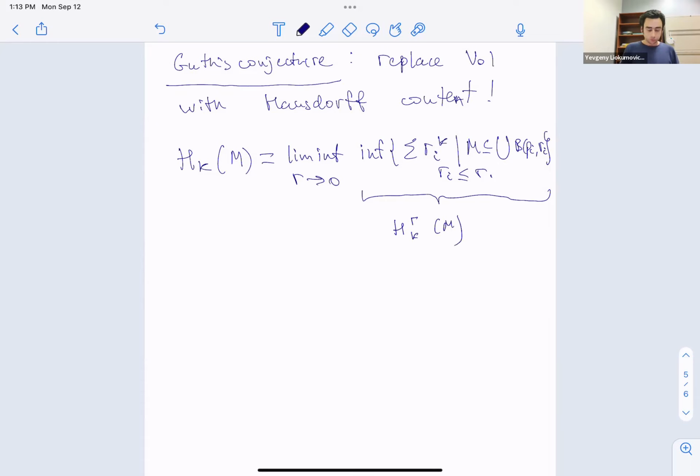And so the Hausdorff measure is the lim inf of these H_R^k, where R goes to 0.